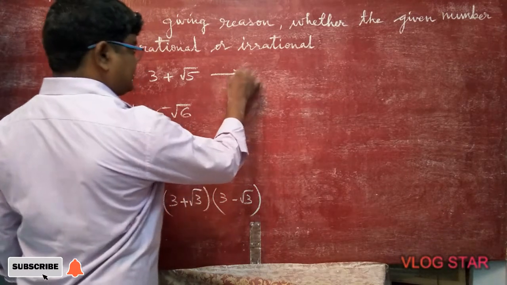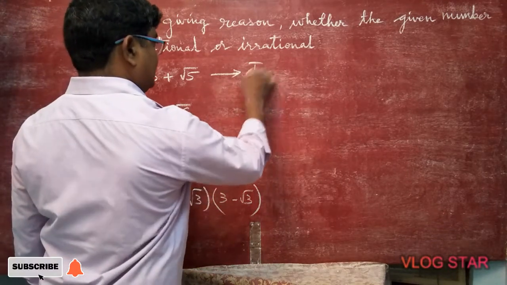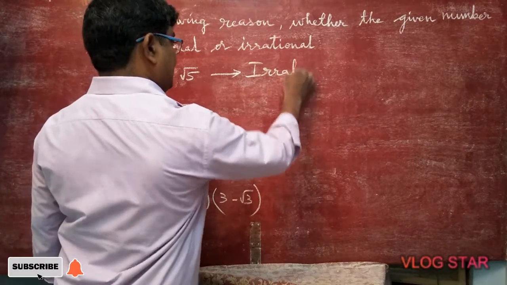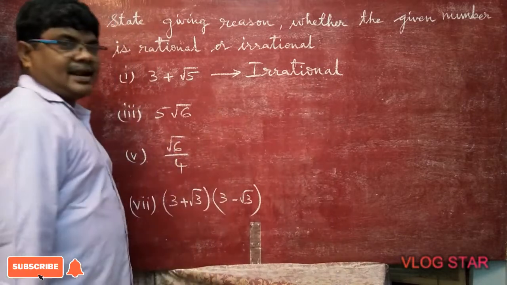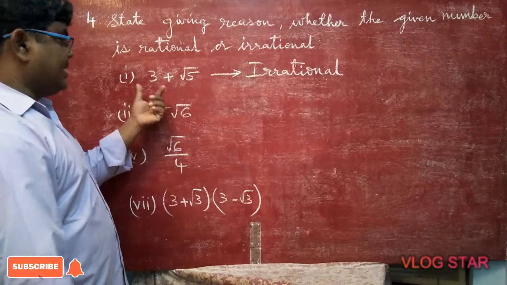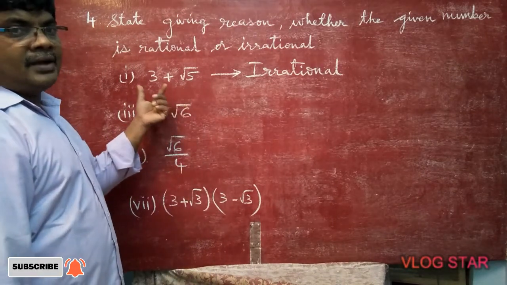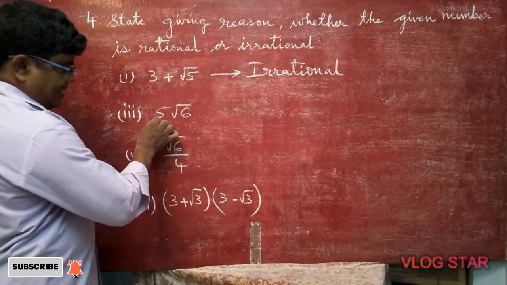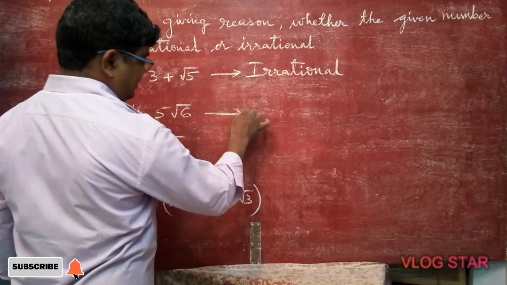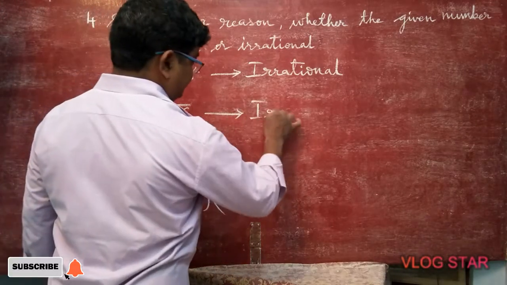So it is an irrational number. A rational number we can add with a rational number, but we can't add an irrational with an irrational also. Here also, rational number, irrational number, irrational number.